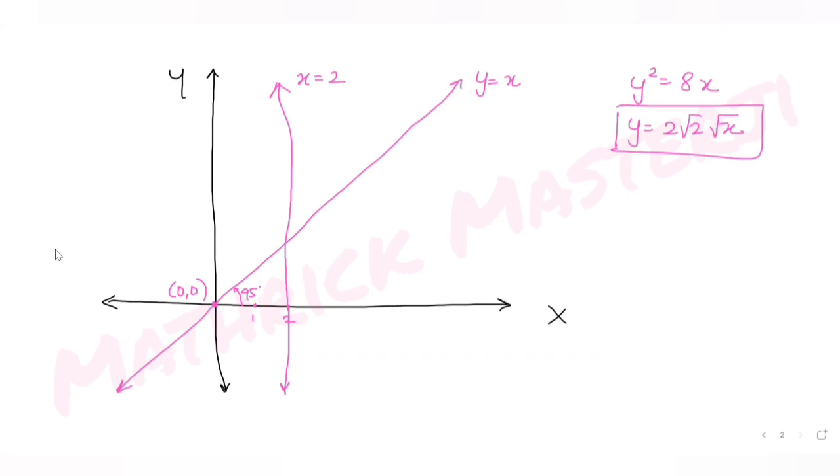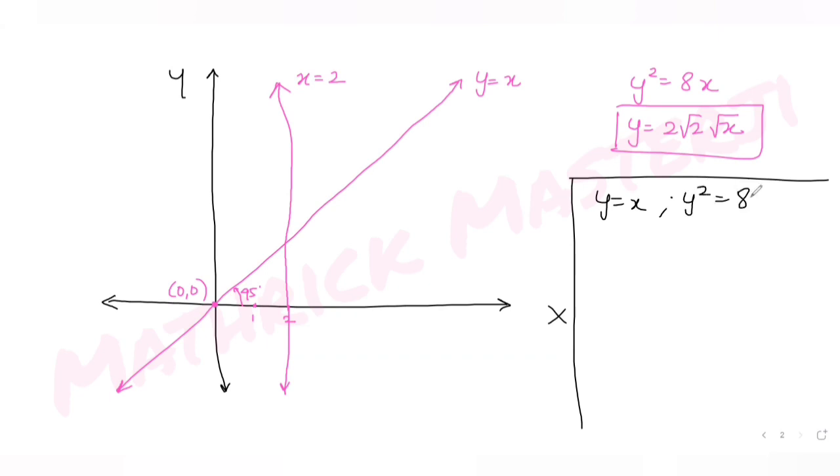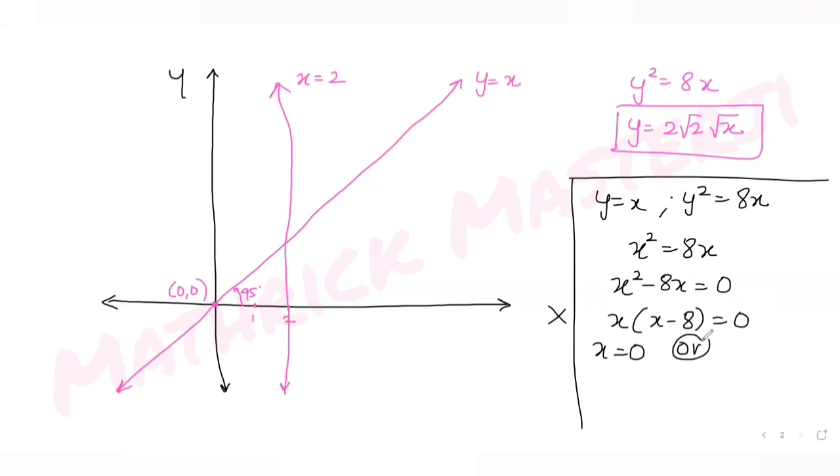If I solve the two equations simultaneously, one equation is y equals x, the other is y square equals 8x. Instead of y, if I put x here, it becomes x square equals 8x. Taking 8x to the other side, x square minus 8x equals 0. Taking x common, x times (x minus 8) equals 0.